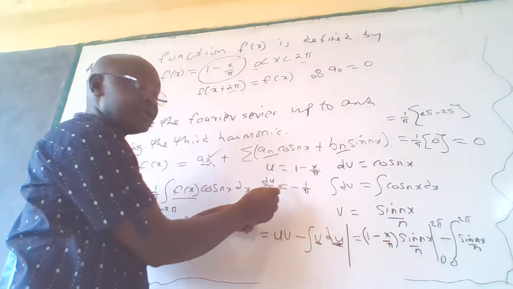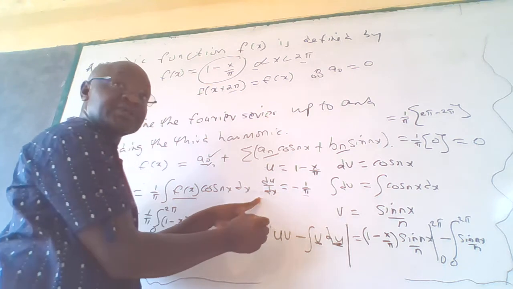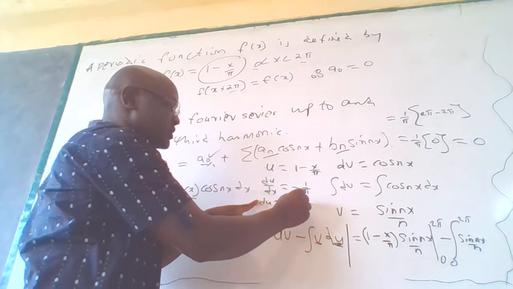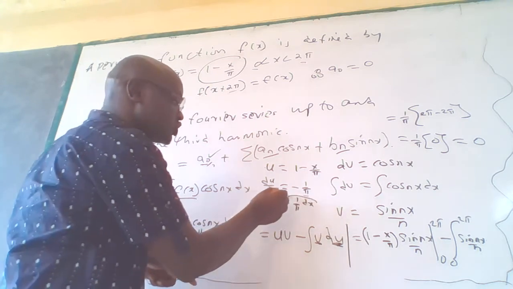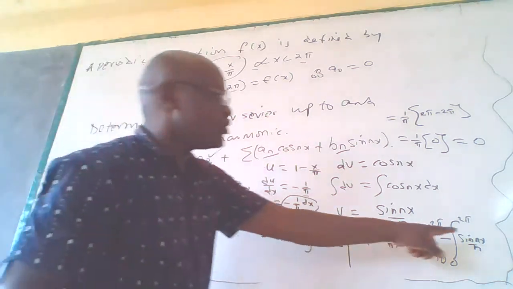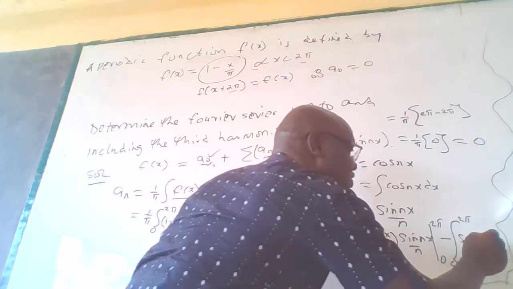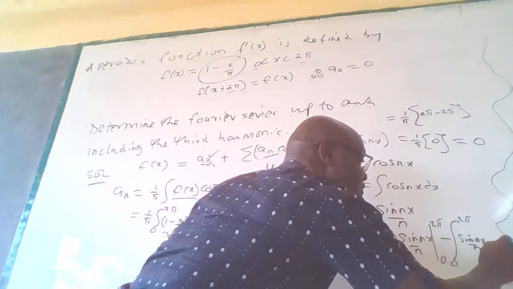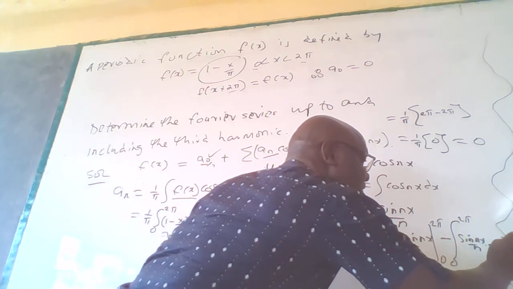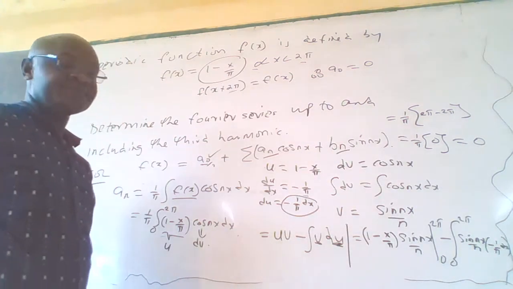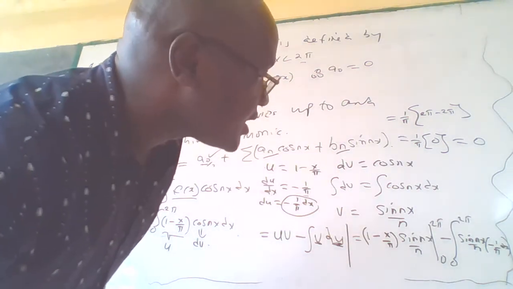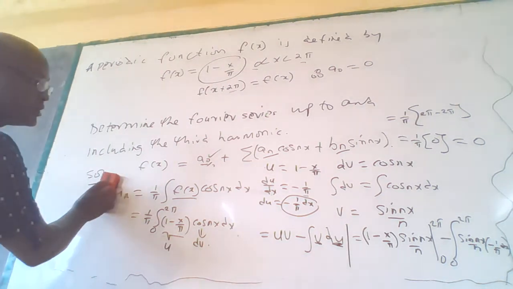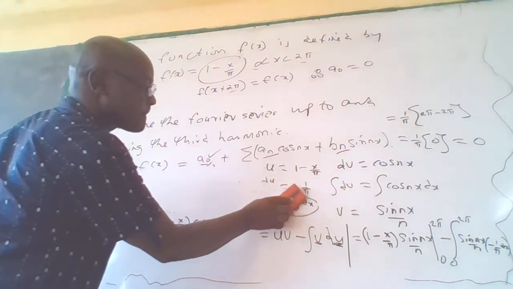Remember our du dx equals minus 1 over pi, therefore du equals minus 1 over pi dx. So that is our du.